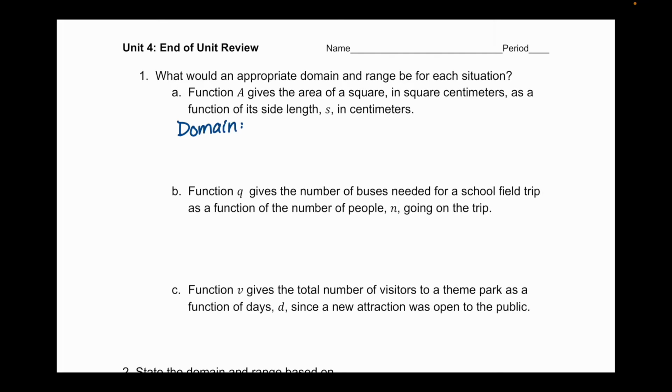Our input here, it tells us it gives the area as a function of side length s in centimeters. This is the input. And then the area of the square is the output.